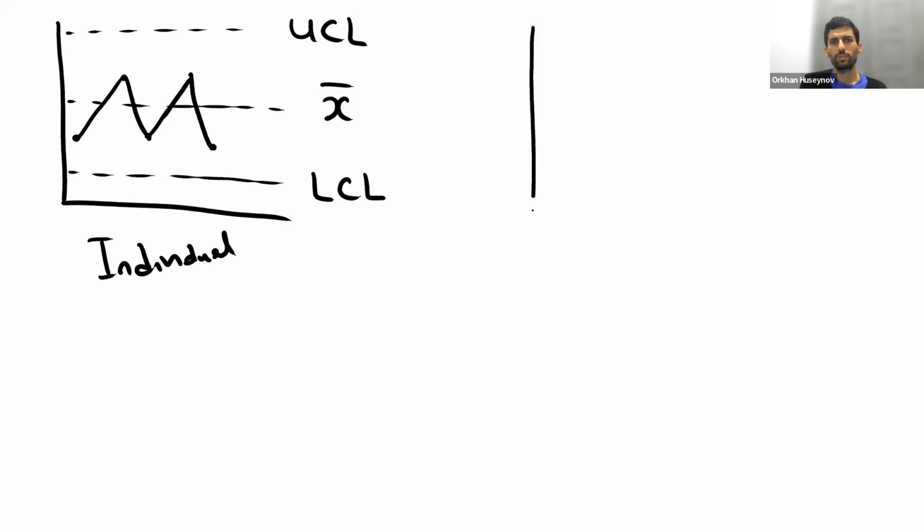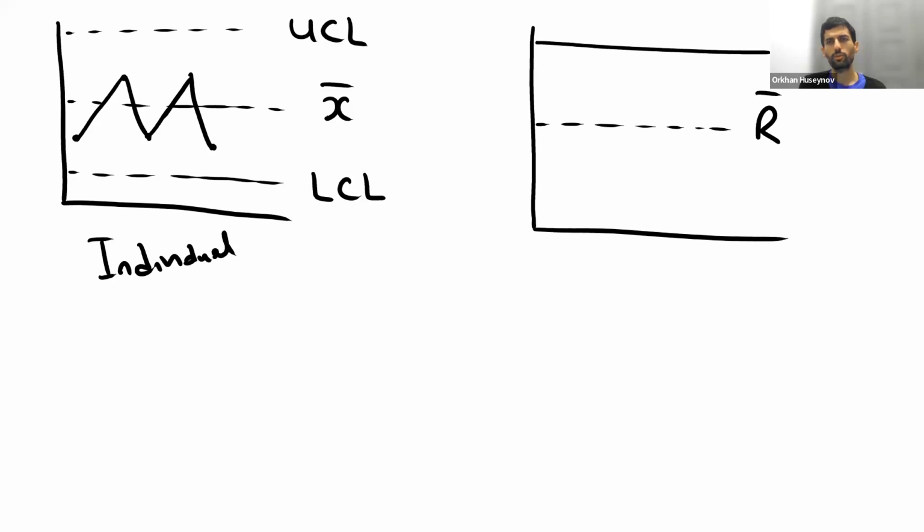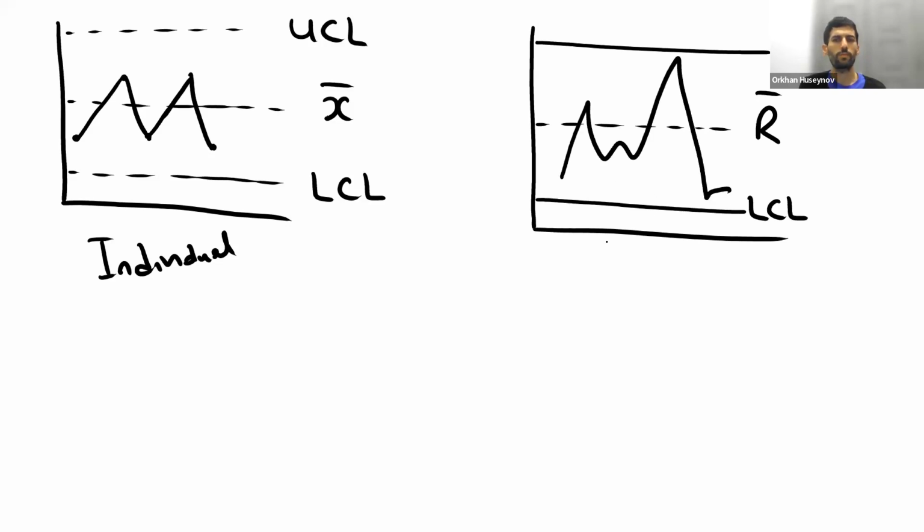Then you will have the range, also with the average, upper control limit, and lower control limit, and then the data. This is the moving range chart. The name is different here: moving range chart.